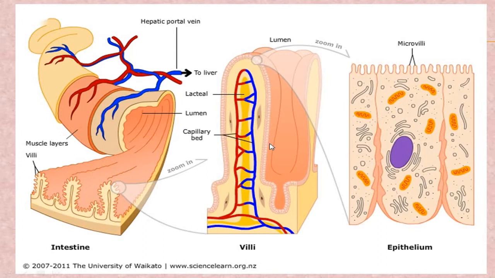Its outermost covering is made up of columnar epithelium, and this is a magnified figure of columnar epithelial cell. And you see that the columnar epithelial cell further have these fine projections. These are called microvilli. The purpose is to increase the surface area for the absorption of food.